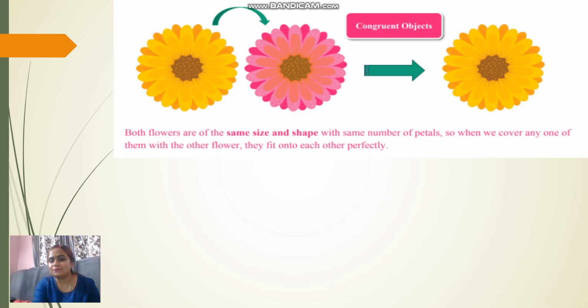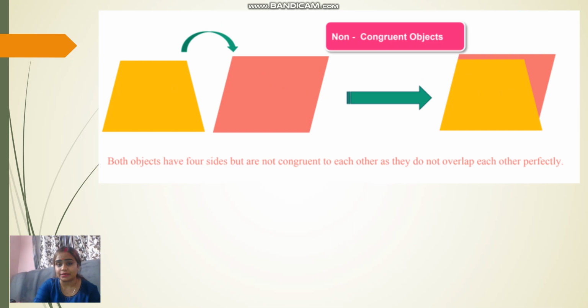Similarly, these flowers are of the same size and shape with the same number of petals. When we place one flower onto the other, they will exactly fit and cover each other, so we can say that both flowers are congruent.